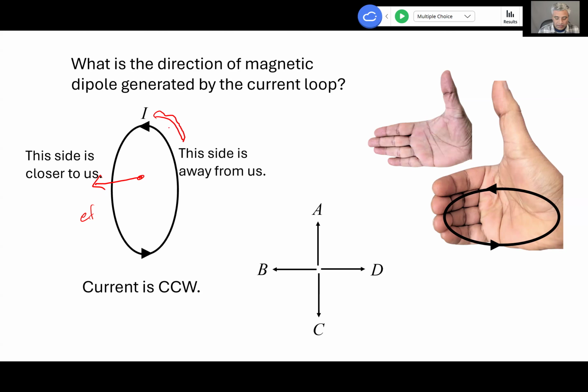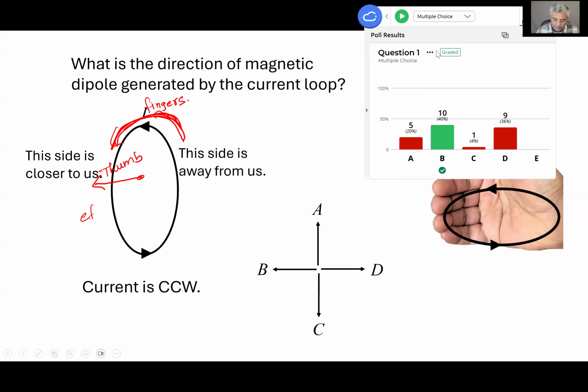When I wrap my fingers something like this, then my thumb goes something like this. So based on this information, the answer should be B.